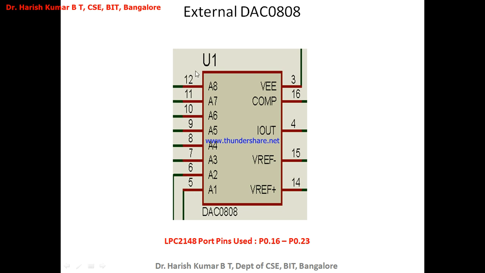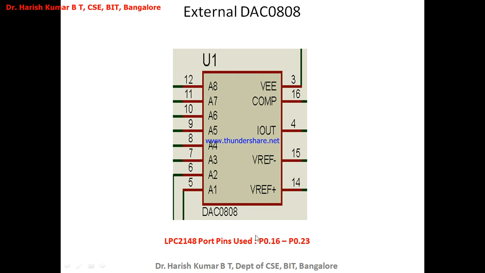And these digital pins of DAC 0808, we are going to connect to the port pins of LPC2148. Now what port pins are we using? The port pins used in the program are P0.16 to P0.23. Remember, even when you go to the lab, the same port pins will be used, because there this DAC is connected to port 0.